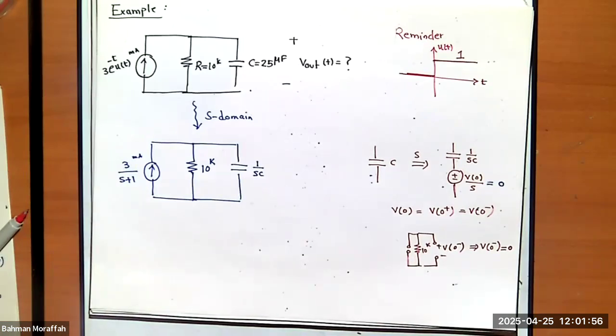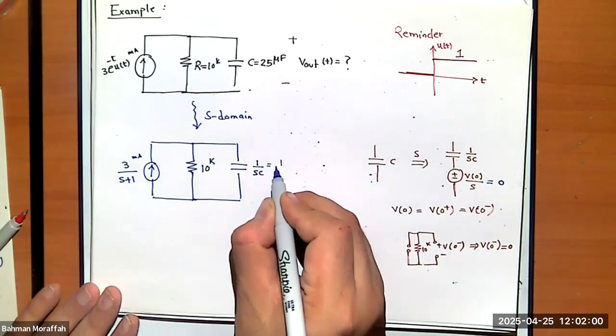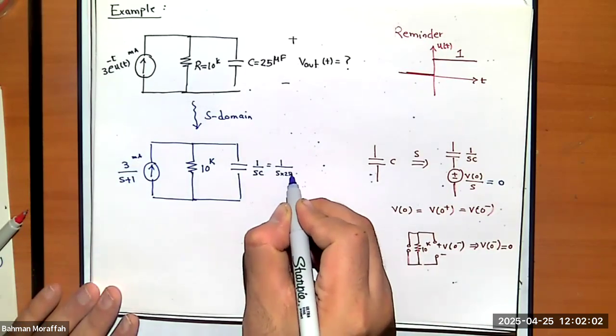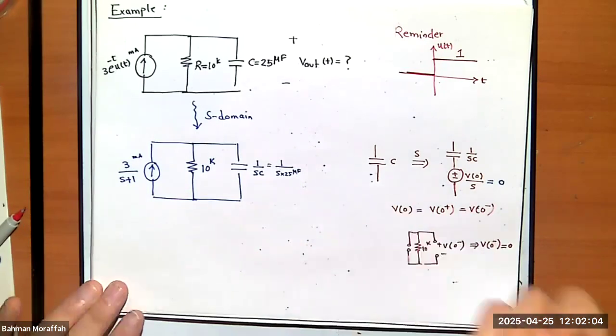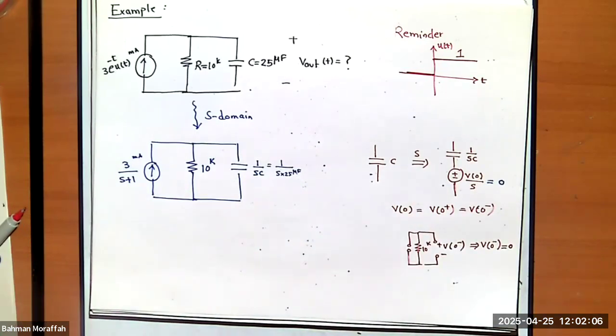And we know what C is, right? C is 25 microfarad. So it is 1 over S times 25 microfarad. Remember, micro is 10 to the power of negative 6. So if I take it to the top as 10 to the power of plus 6, I can write it as 100 times 10 to the power of 4. So 100 divided by 25 is 4.